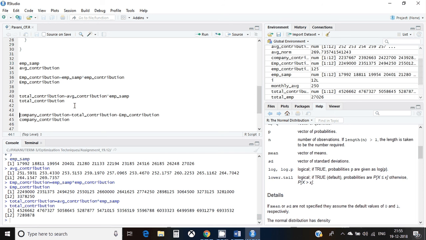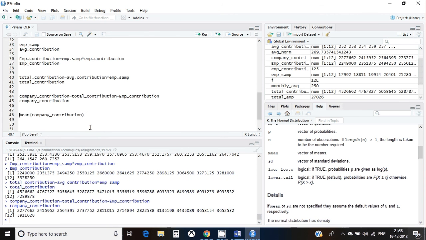The total contribution variable represents the total contribution for the insurance claims. This particular company contribution represents the contribution which is done by the company towards the employee's insurance, which is given by the total contribution minus the employee contribution.